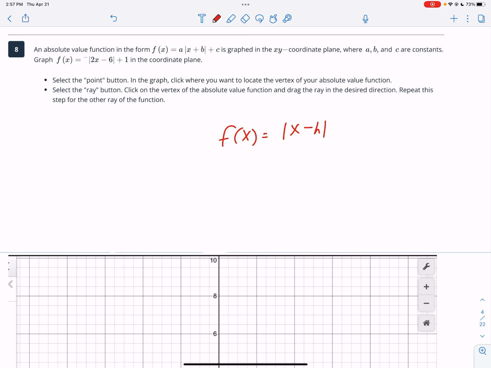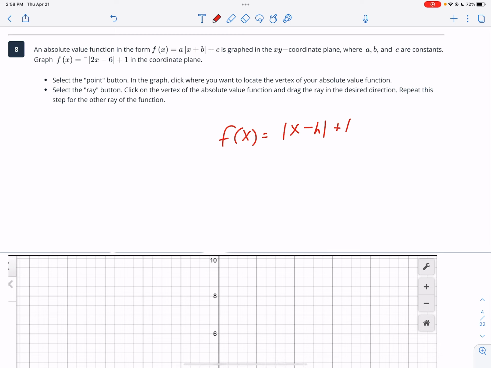When we subtract something inside of the absolute value, directly from our input, before we've done the main operation of the function, it's going to move it left or right. That h is how much it's moved left or right. So it's going to look very similar to your quadratic or any of those other transformations that you've dealt with.